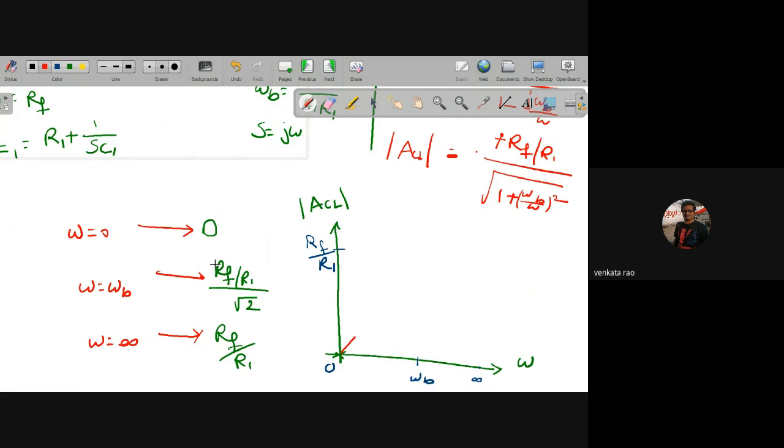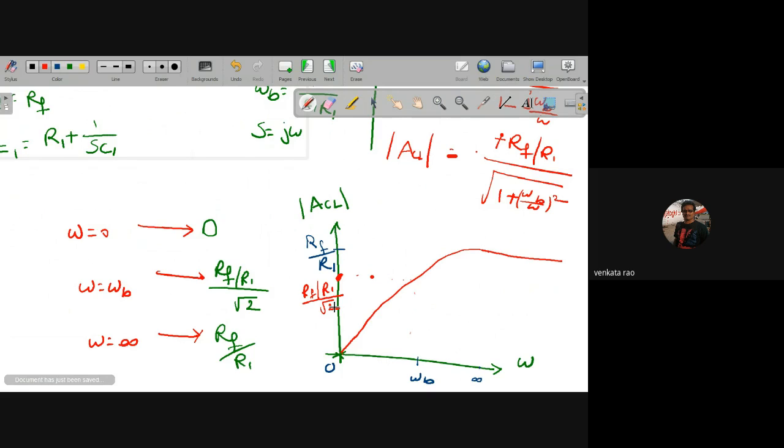At omega equal to omega B, it is RF by R1 by root 2, and at omega equal to infinity, it is RF by R1. So this is the practical differentiator.